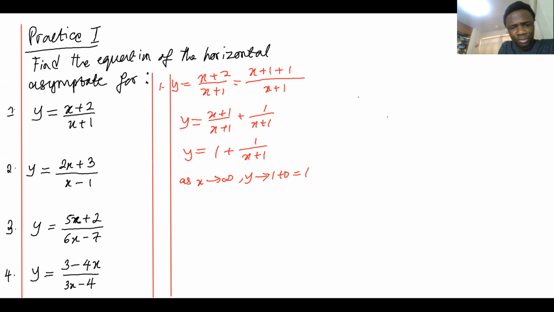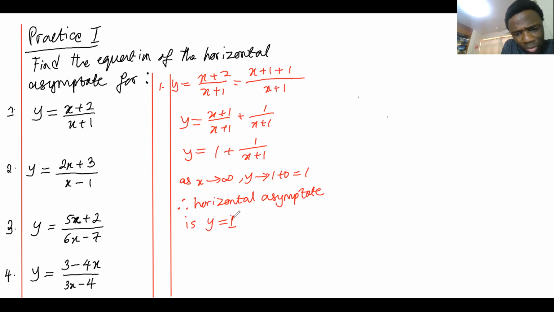And with this, we can say equation of the horizontal asymptote, therefore, the horizontal asymptote is y equals 1. That's all I ask you to do. I didn't write anything K. I didn't write all the other things that you keep showing me, and I don't know where all those came from.